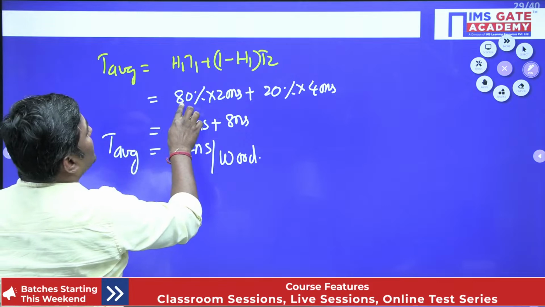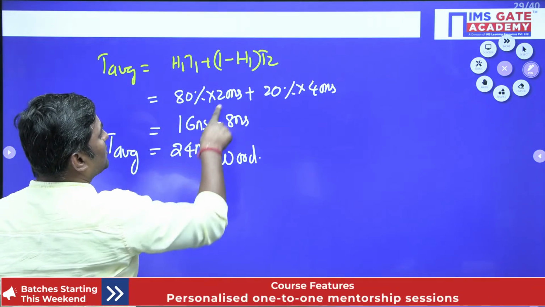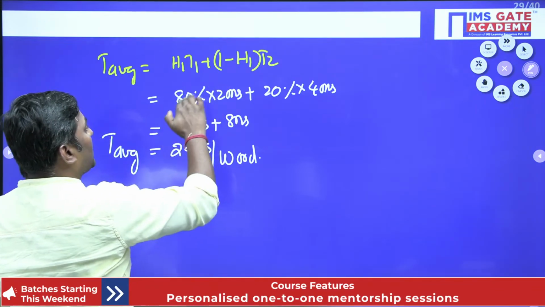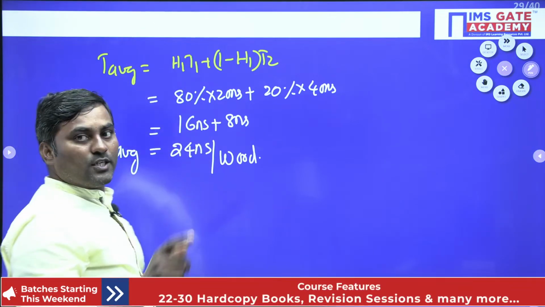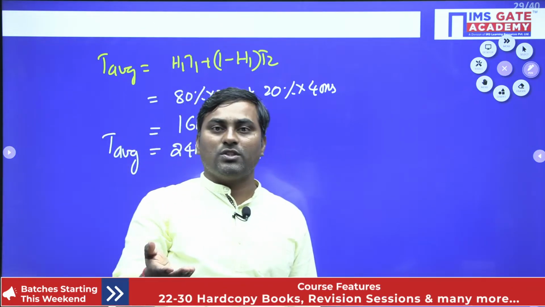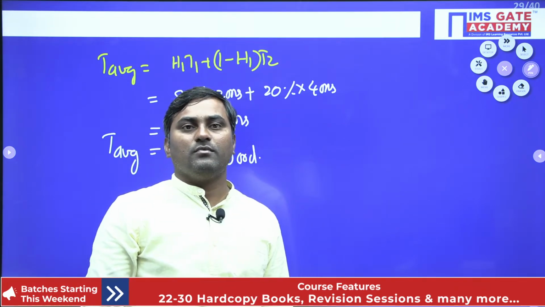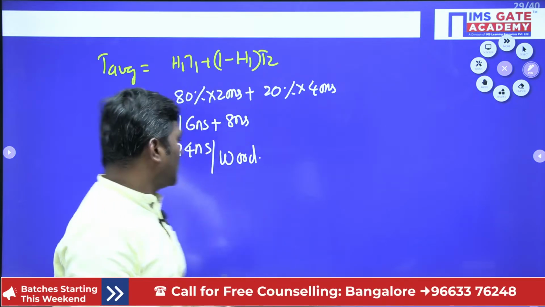If instead of 80% there is 90%, it will reduce even more. If the hit ratio goes down, suppose 60%, the average access time will increase. That's what I told you: if the hit ratio of the level 1 system is high, average access time is down. If the hit ratio is smaller, average access time will increase. So this we can understand.